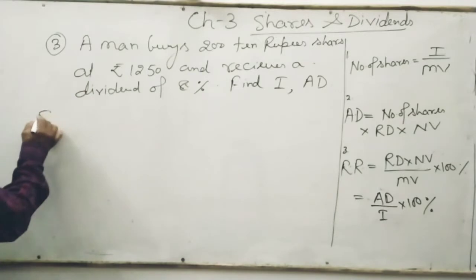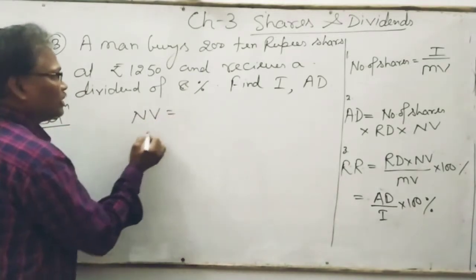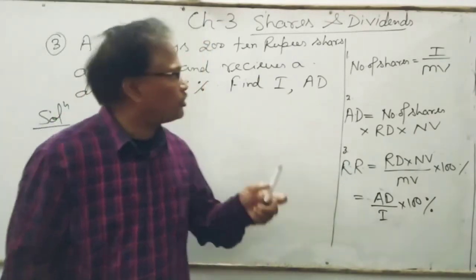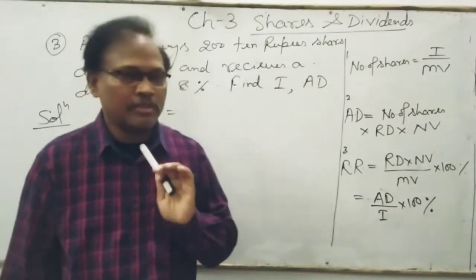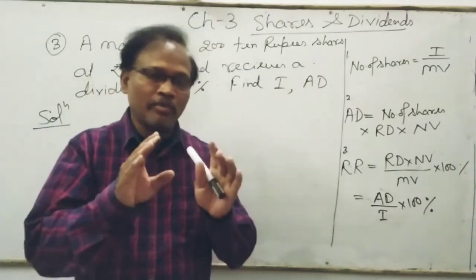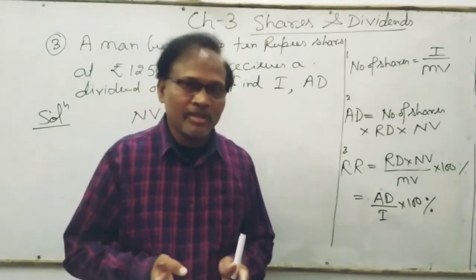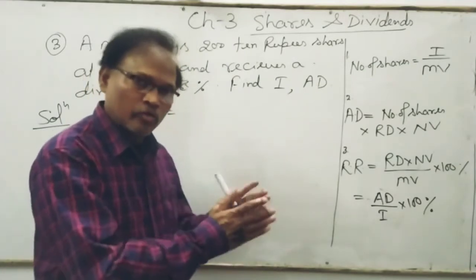So when you do the solution, first of all you find the nominal value. If you see the question, it is 200 in digits and 10 rupees in words. If it were 210, they could not have written it like that. He has written 200 in digits and 10 rupees in words.